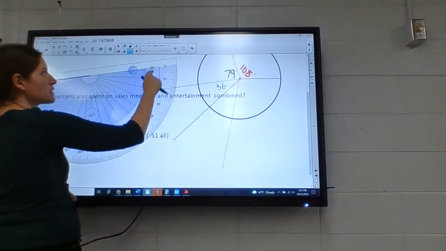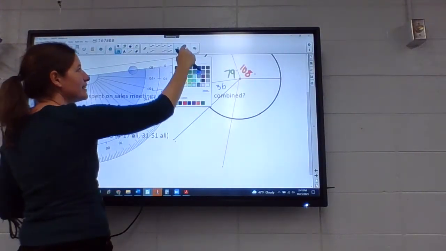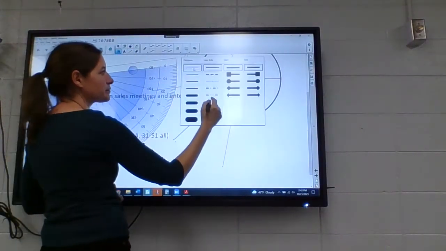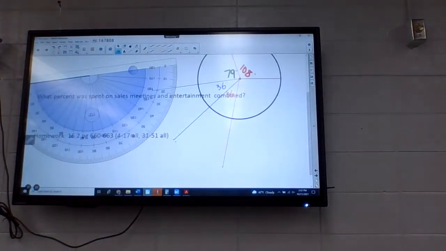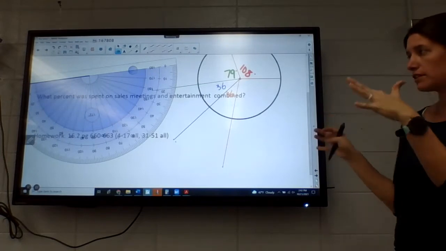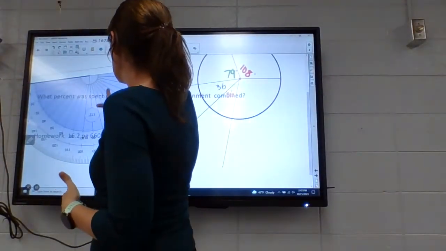There's another 36 degrees. Another 36 degrees there. And 29 and 72. They should end up matching up, and then it should be done.